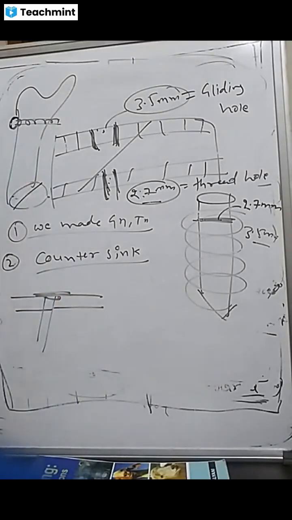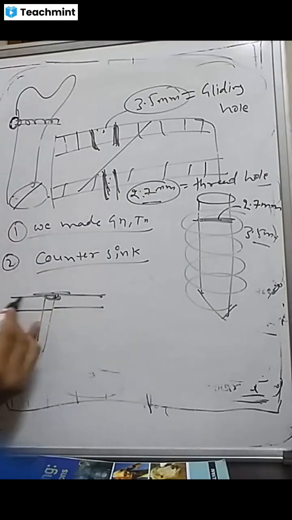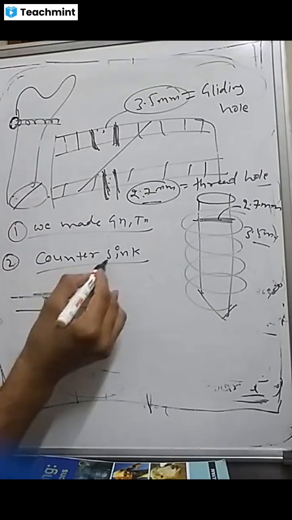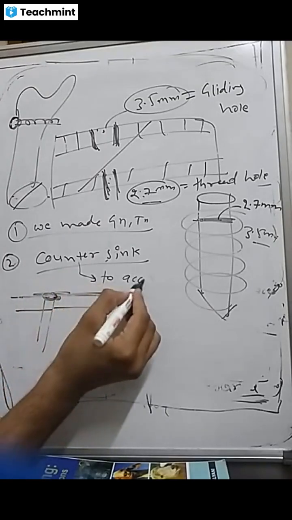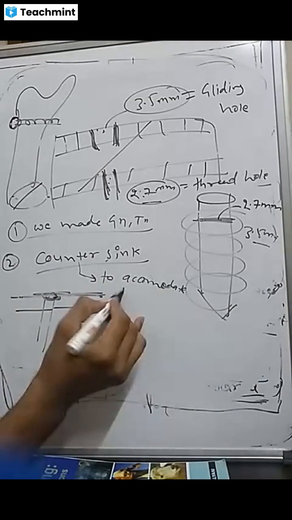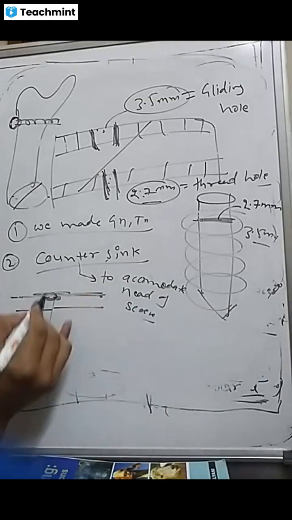It should not stick out. It should sit parallel. So countersink means making a seat for the head of the screw.